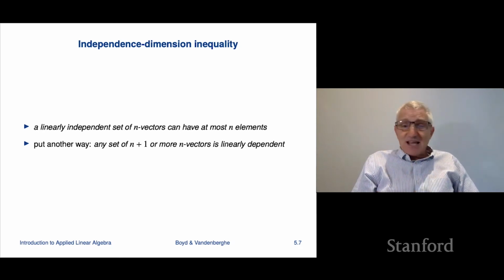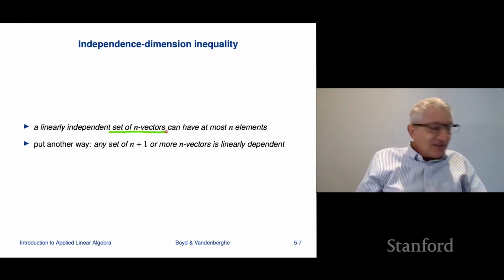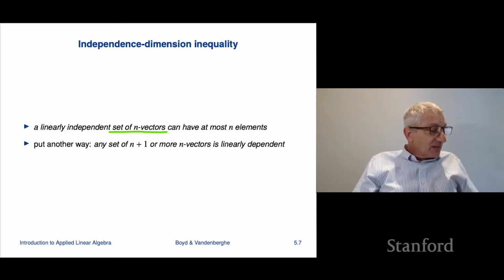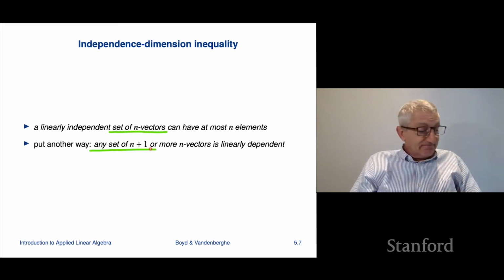And here's what it says. It's very simple. It says, if you have a linearly independent set of n vectors, you could have at most n of them. Another way to say it is this. If you have n plus 1 or more n-vectors, they are linearly dependent. Okay? It's not obvious, but it's actually kind of true.